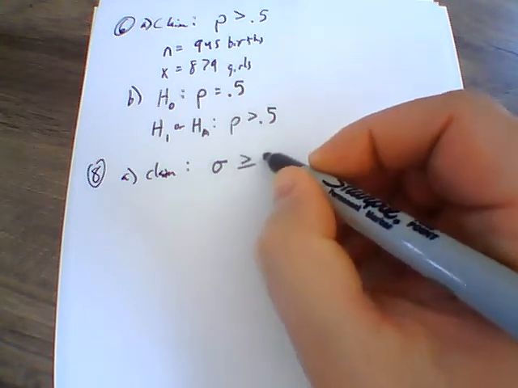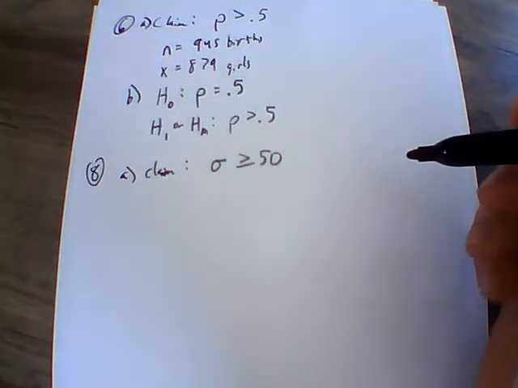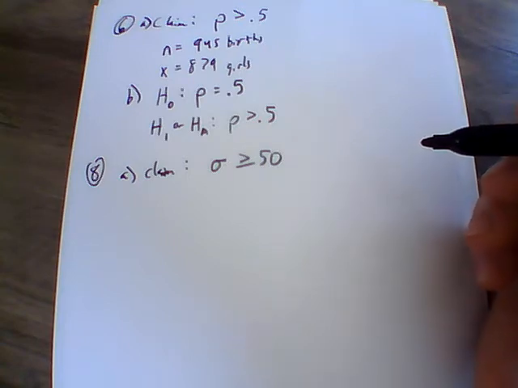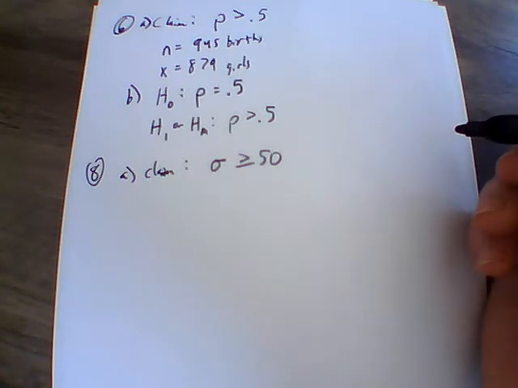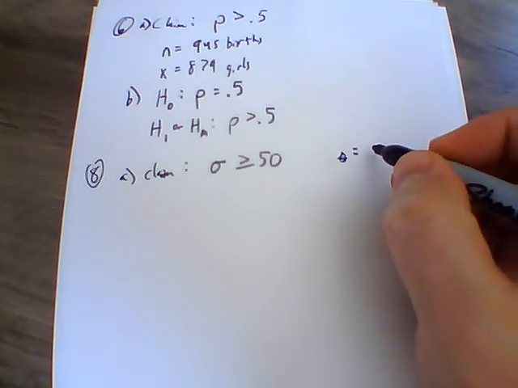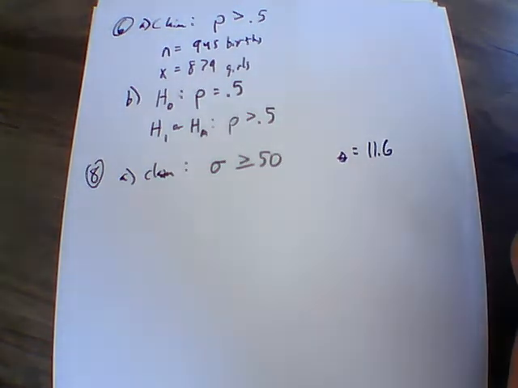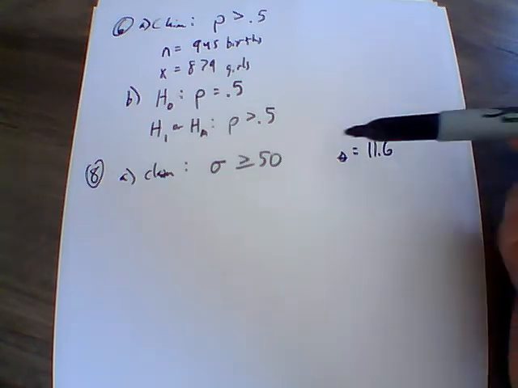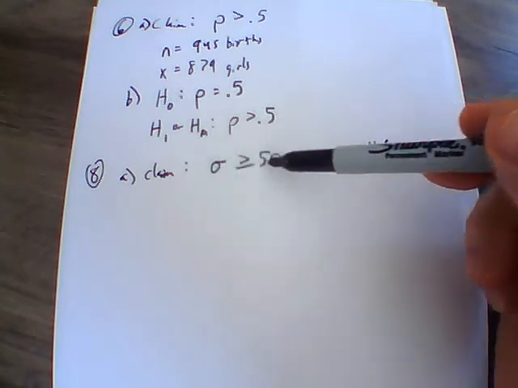So at least 50 would be greater than or equal to 50. Then it says for a random sample of adult females in data set 1 of Appendix B, the pulse rates have a sample standard deviation of 11.6. This would be our sample statistic that we'd be using for our testing. Once again, this is our claim.